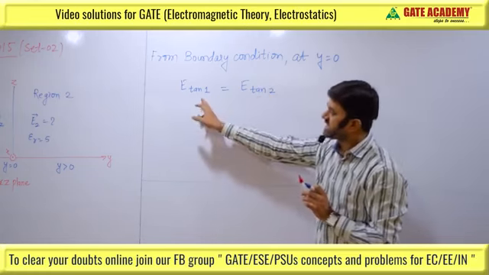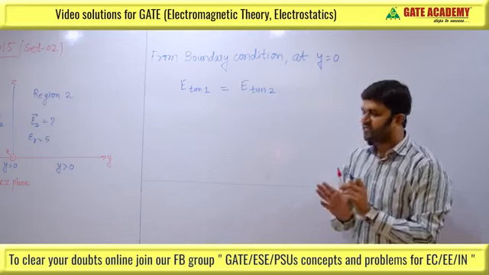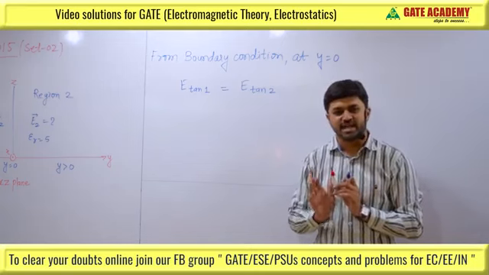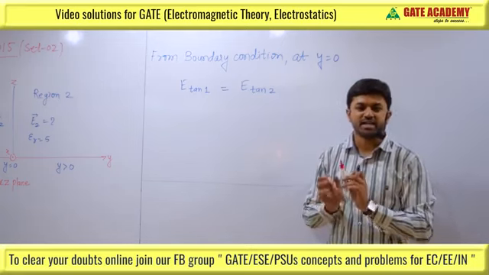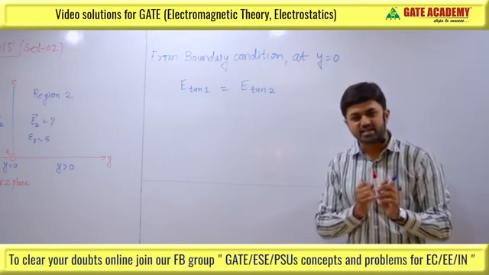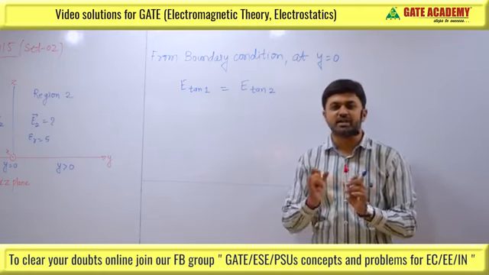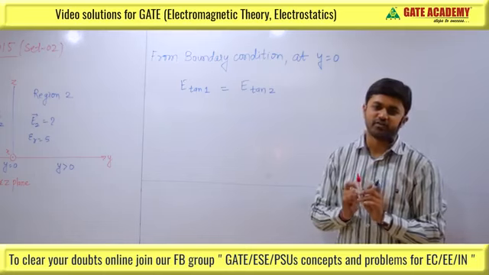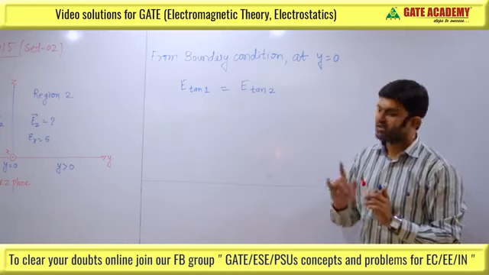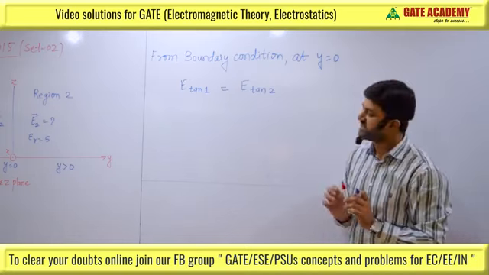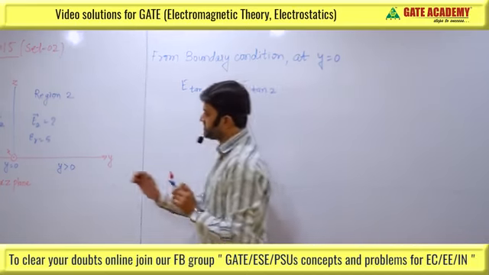So what will be the tangential component? If y equal to 0 is the interface, or the xz plane is the interface, then the x component and z component will be the parallel components of electric field at the interface.